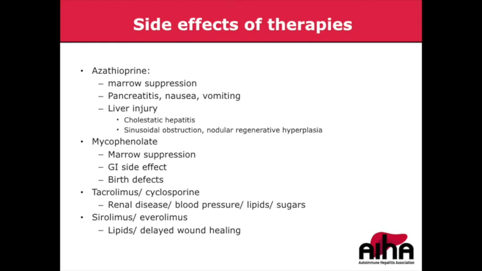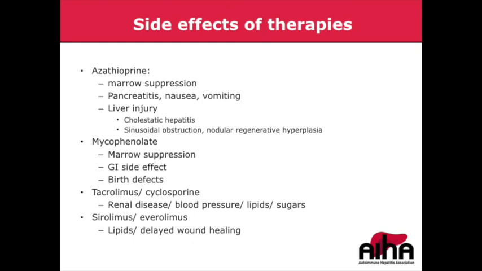With Cellcept or mycophenolate, it's marrow suppression. There's a lot of GI side effects, nausea, vomiting, diarrhea, and it is a recognized teratogen, so risk of birth defects. So any female patients of childbearing age have to be on dual birth control if they're going to use this agent.